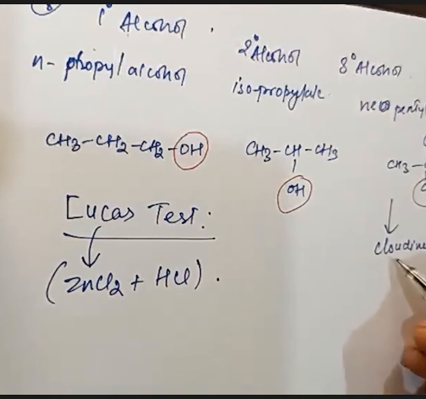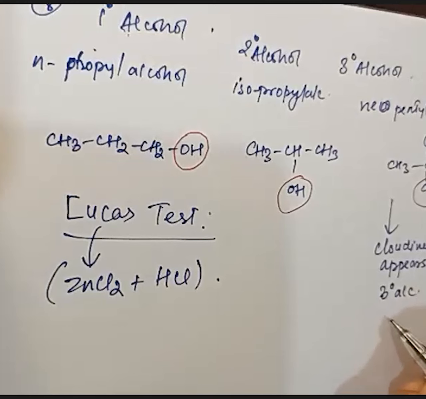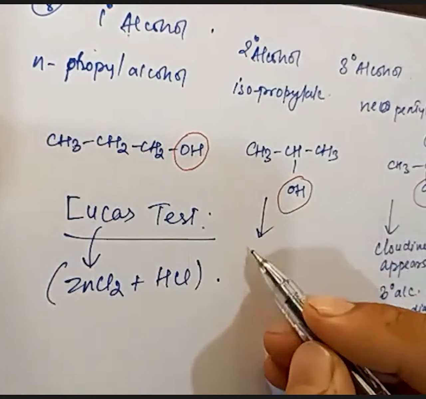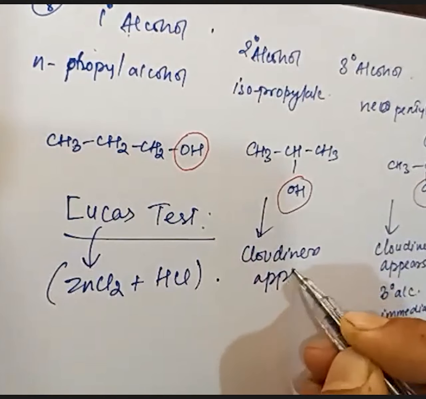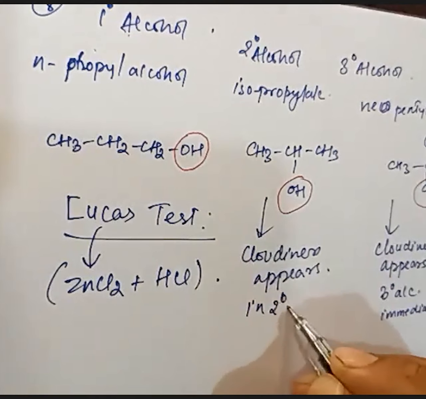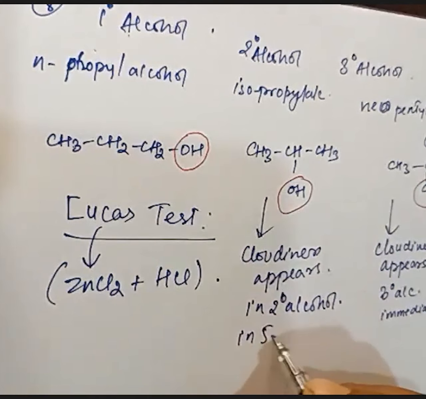Cloudiness appears in 3 degree alcohol immediately. In 2 degree alcohol, cloudiness appears in 5 to 10 minutes.